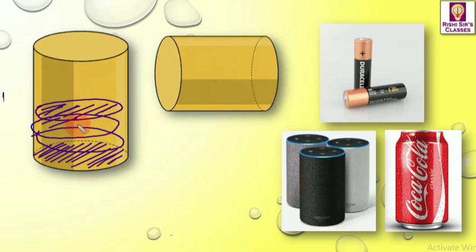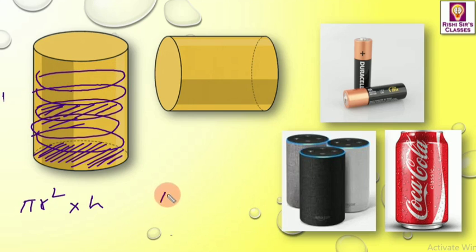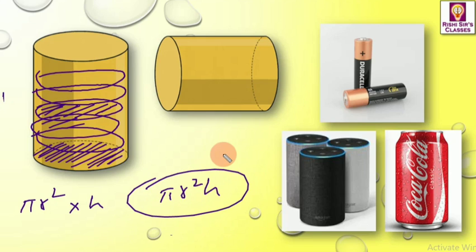So it will be pi r square, that is the area of a circle. How many times? h times. We have the area of h circles over one another. So it will become pi r square h, and that is the volume of a cylinder. Simple one.